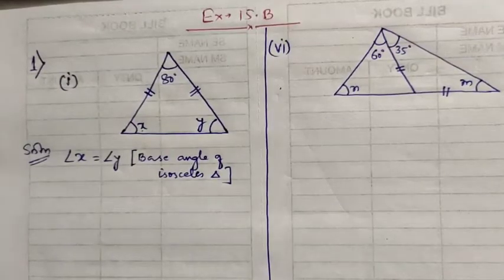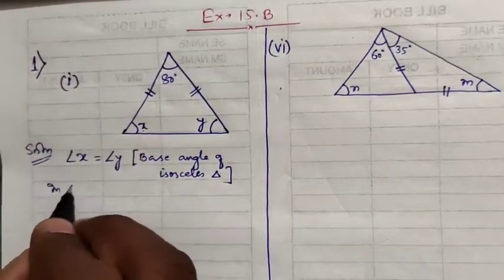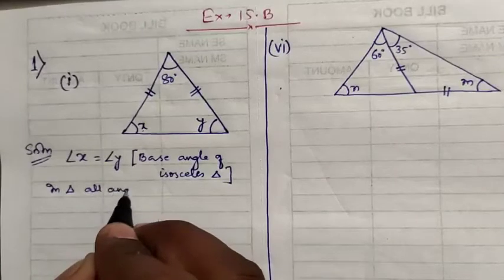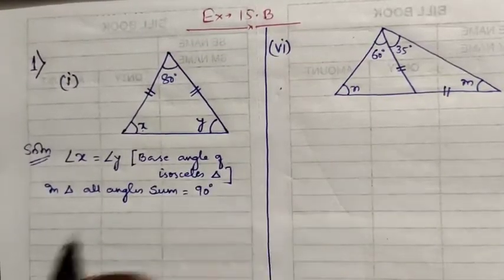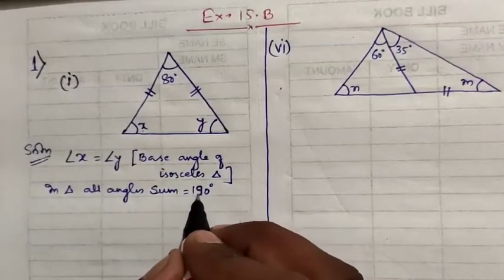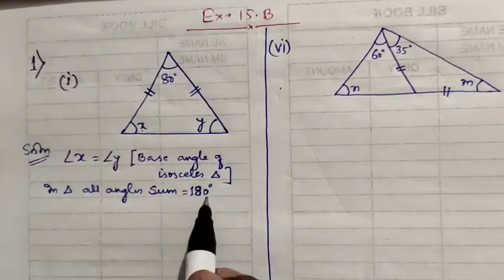Now we will go to the earlier relation, that in a triangle, the sum of all angles is equal to 180 degree. I wrote 90, it is 180. Sum of all angles of a triangle is equal to 180 degree.